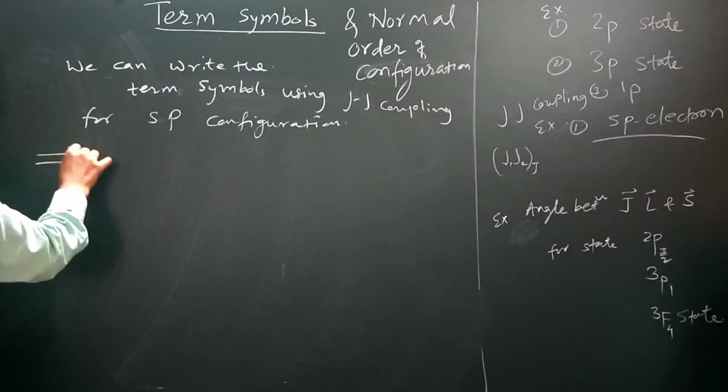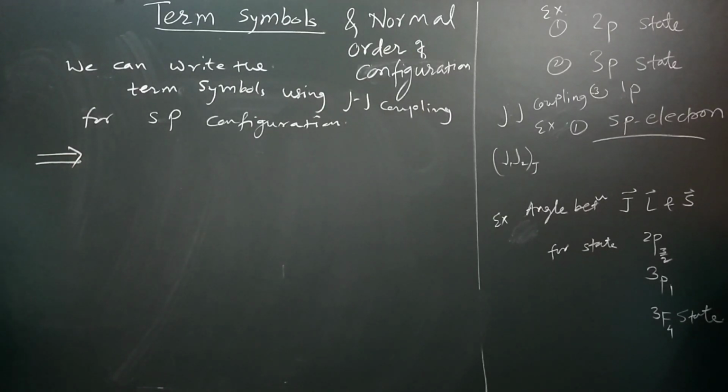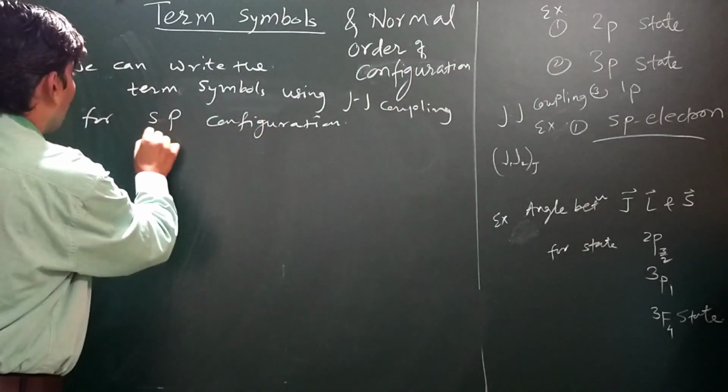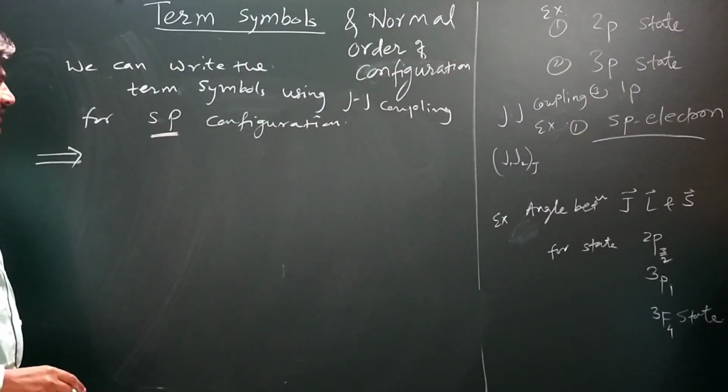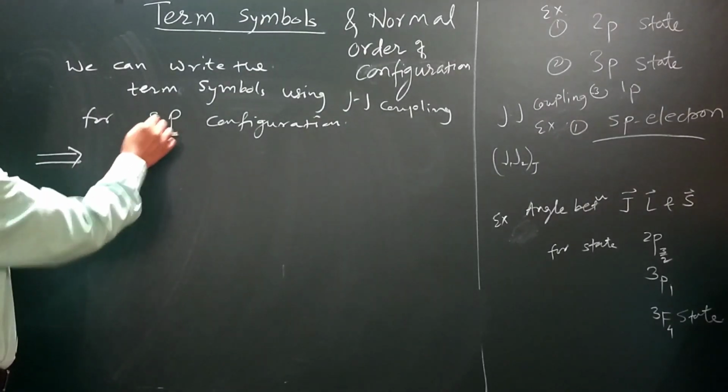Now we can solve it. How can we write the terms? For sp, there are 2 electrons in that particular configuration.